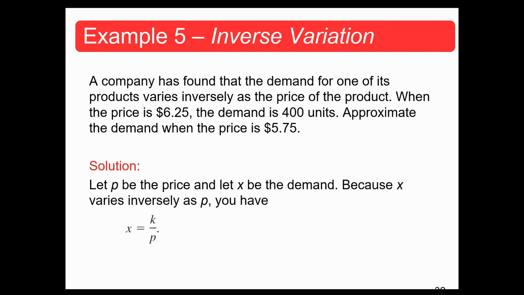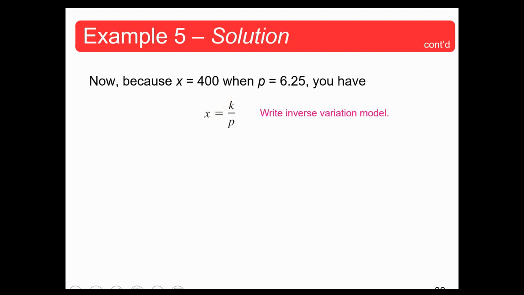The first part, we know that it's inversely proportional, or inversely. So we're going to write out X is your demand and P is your price. So we have X equals K over P. So we know that X is 400 when P is $6.25.